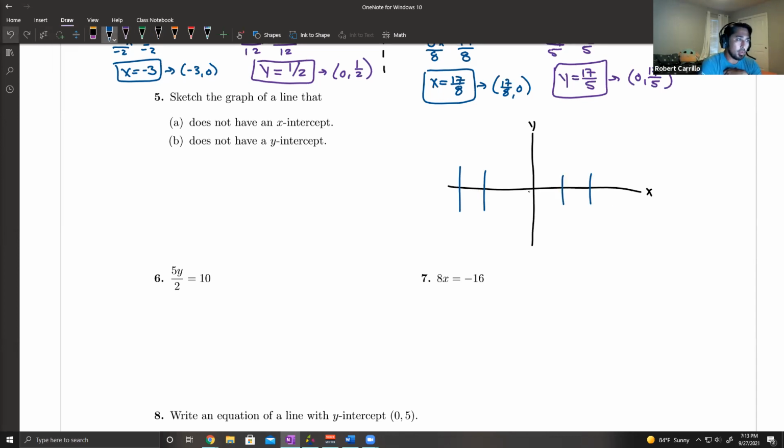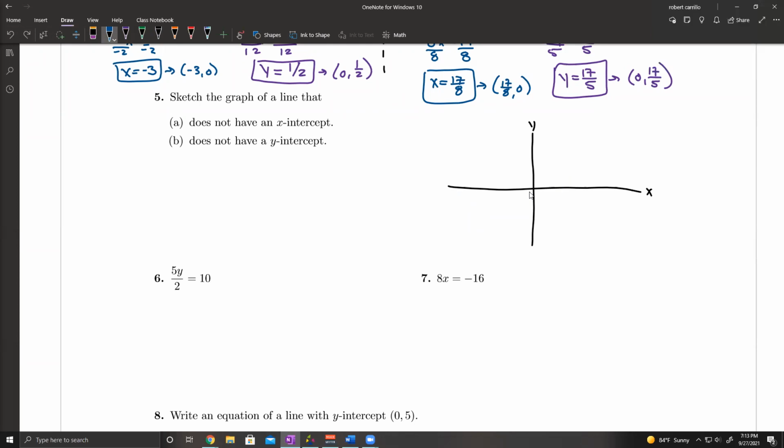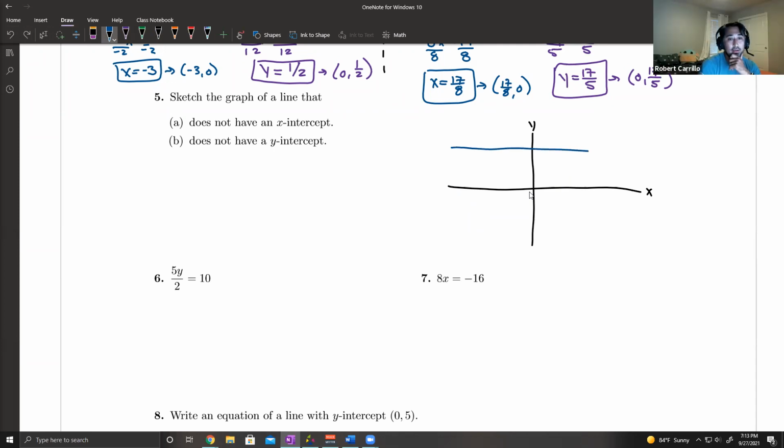So what type of line would we have if we don't cross the x-axis? Wouldn't you have a horizontal line? Very good. If I have a horizontal line, does this line cross the x-axis?